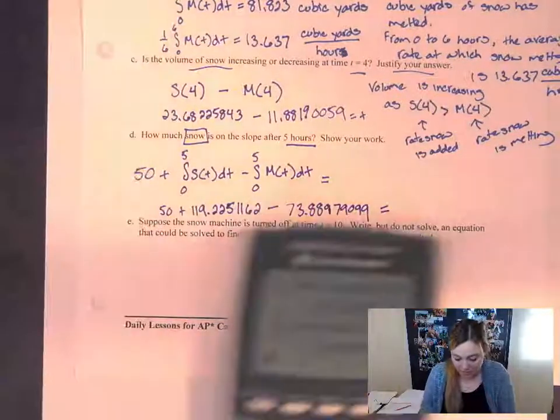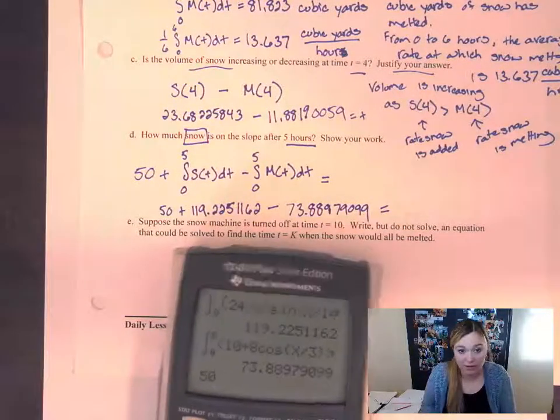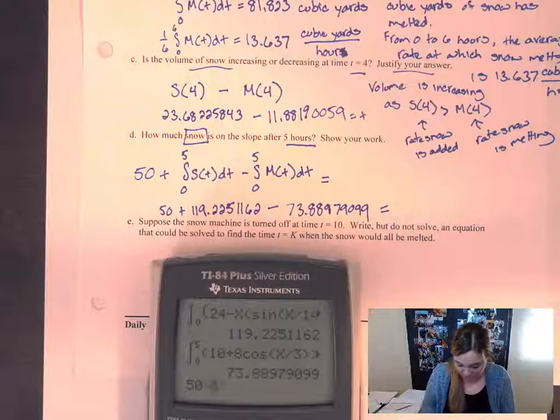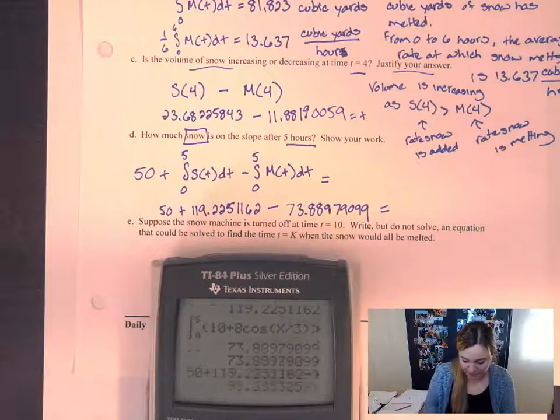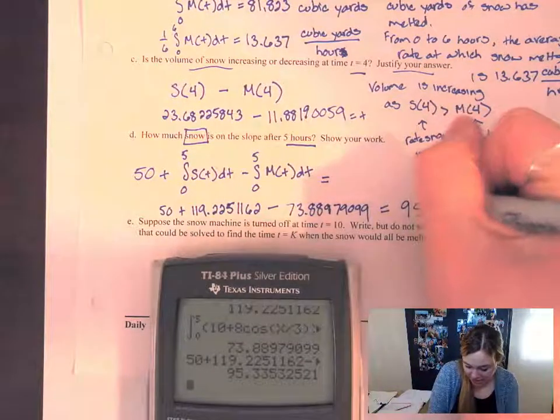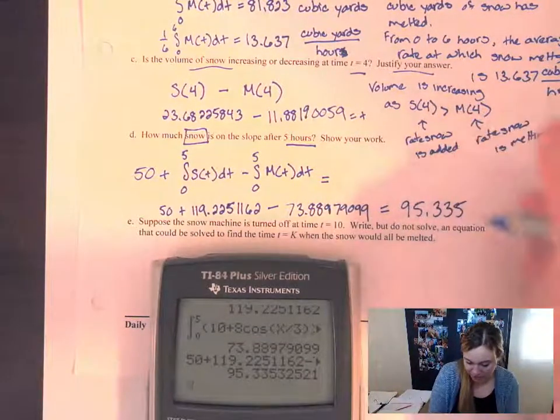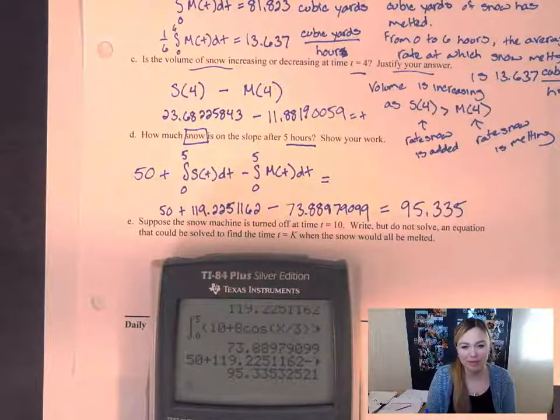Add these up. Well, add and subtract. 50 plus 119.2251162 minus 73.889799099. We get 95.335. And then think about what units this would be.